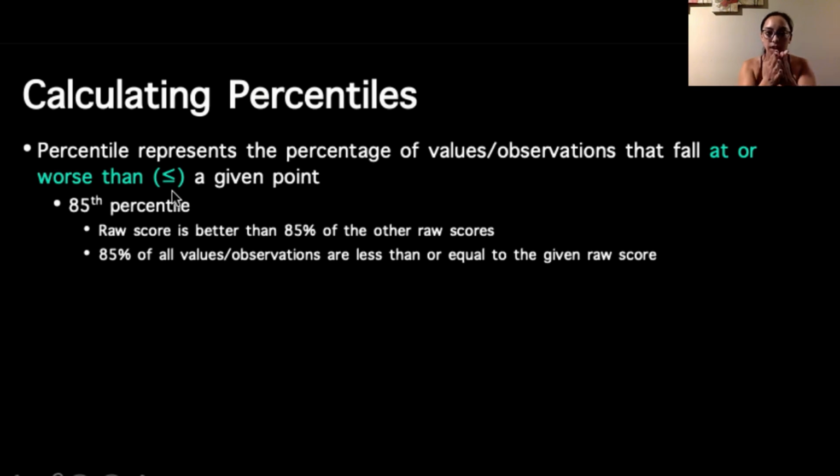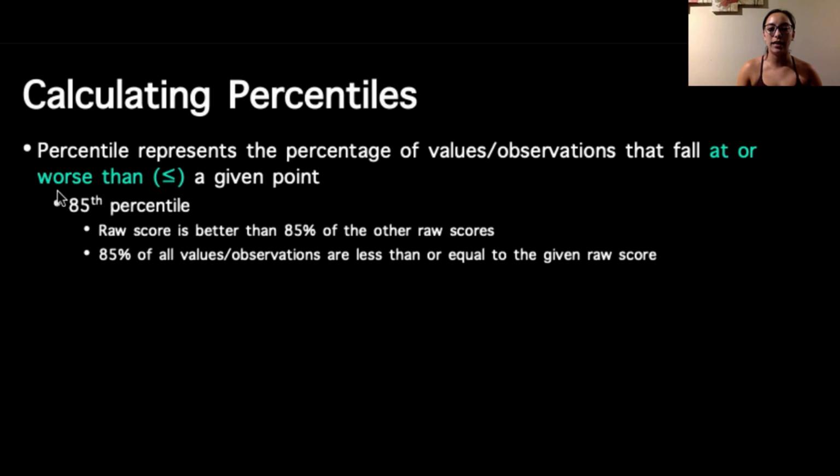When you have a variable and you're using percentiles to evaluate the worth of your data, you need to determine: are larger numbers better or are larger numbers worse? Based on how you have assessed that scale, that will then determine if you're actually looking at less than or equal to or greater than or equal to.